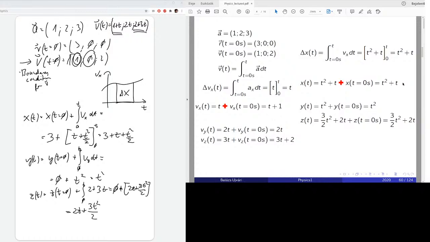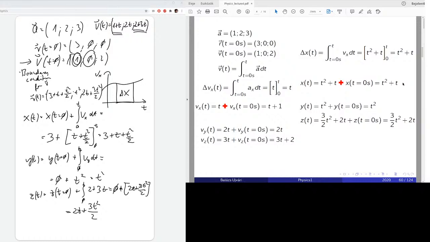Alright, so r(t) will be the following: 3 plus t plus t squared over 2, 2t plus 3t squared divided by 2.